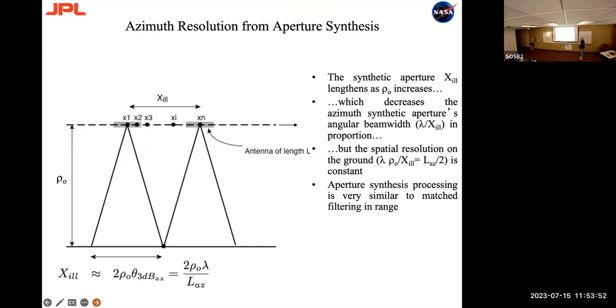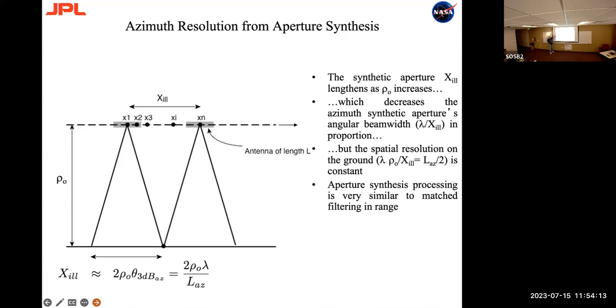Okay. So azimuth resolution from synthetic aperture radars, we've talked about that before. What we learned is that the synthetic aperture will basically be the amount of time as we walk through an image, a point in the beam, from the time we go in to the time we go out.